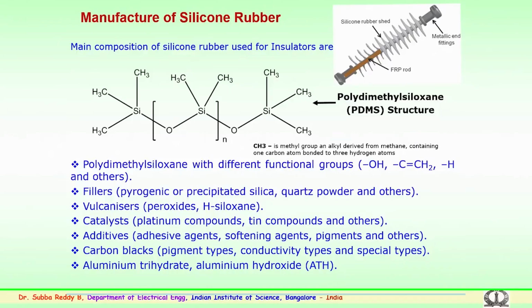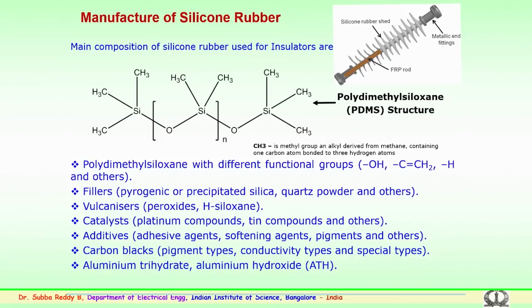These fillers could be pyrogenic or precipitated silica, quartz powder and others. The vulcanizers used are peroxides and silicon. Catalysts used are platinum compounds, tin compounds and some others.